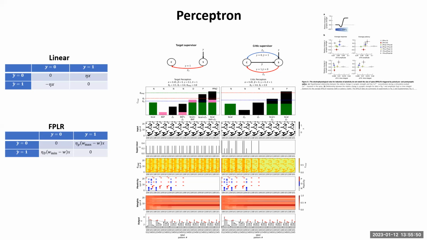Because you have calcium both from the supervisor and from the neuron. But for the perceptron learning rule to work, we need this situation, where the supervisor fires and the neuron fires, to produce no change. So that means that if we use the normal plasticity thresholds, this case will always potentiate you. So in order to implement this, we have to cheat.